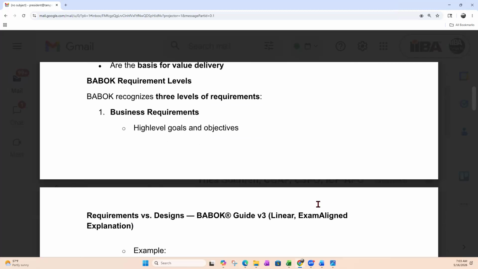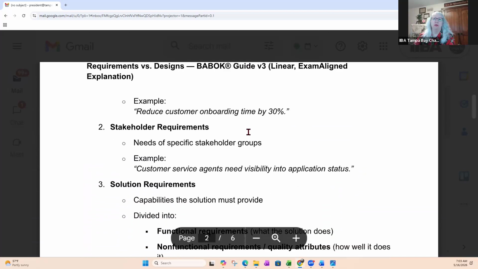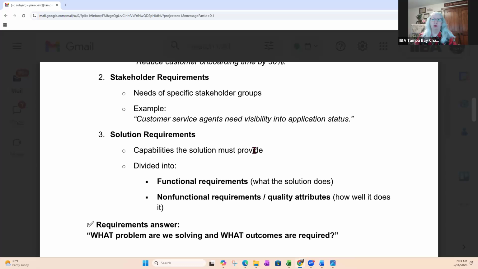So you already know that there's three levels of requirements. There's the business requirements, which is high-level goals and objectives, such as reduce customer onboarding time by 30%. There's stakeholder requirements, the needs of a specific stakeholder group, like customer service agents need visibility into application status. And then there's solution requirements that are divided into the functional and non-functional.